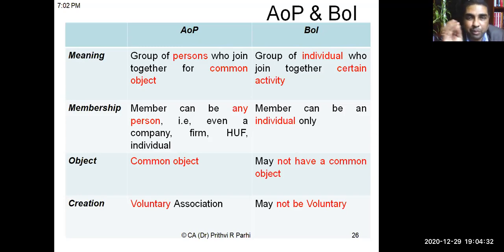With one common purpose, they join together. Whereas in BOI, that common object may not be necessary. Maybe they are involved in one particular activity, but still they are together. We refer to that organization, with only one activity they are involved in, as a body of individuals.